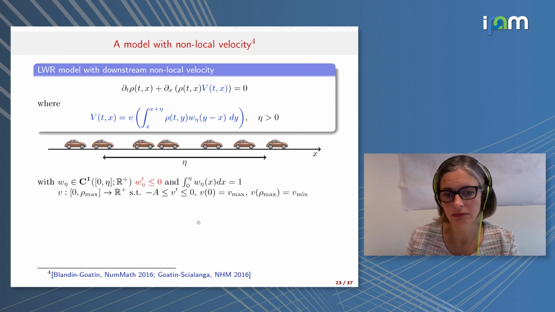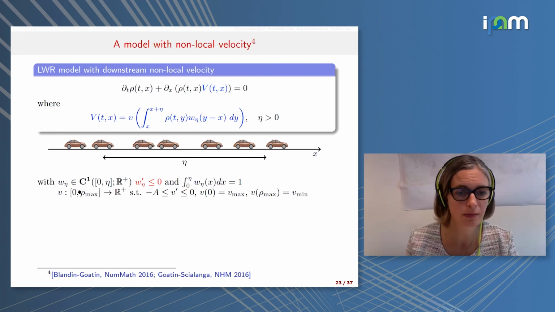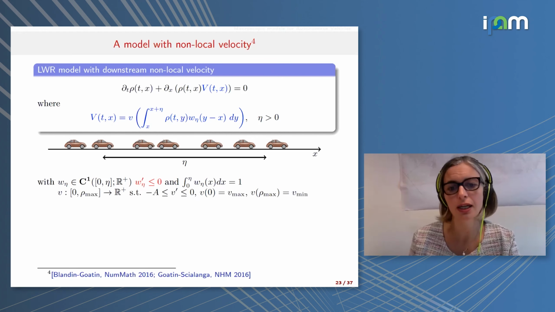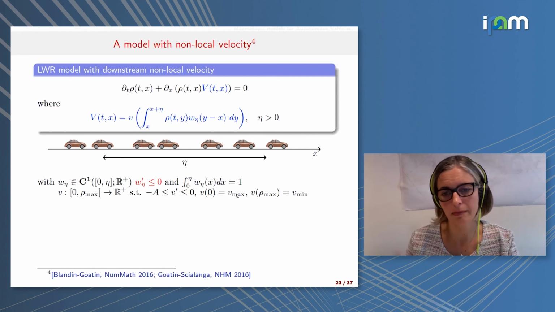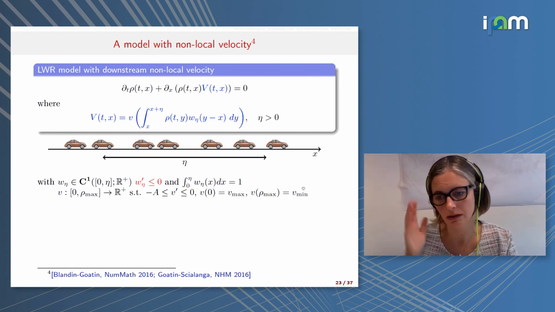These are some mathematical assumptions. The other assumptions are always the same: the speed is a decreasing function, at zero it is at some maximal value, and at the maximal density at some minimal value that can be zero.